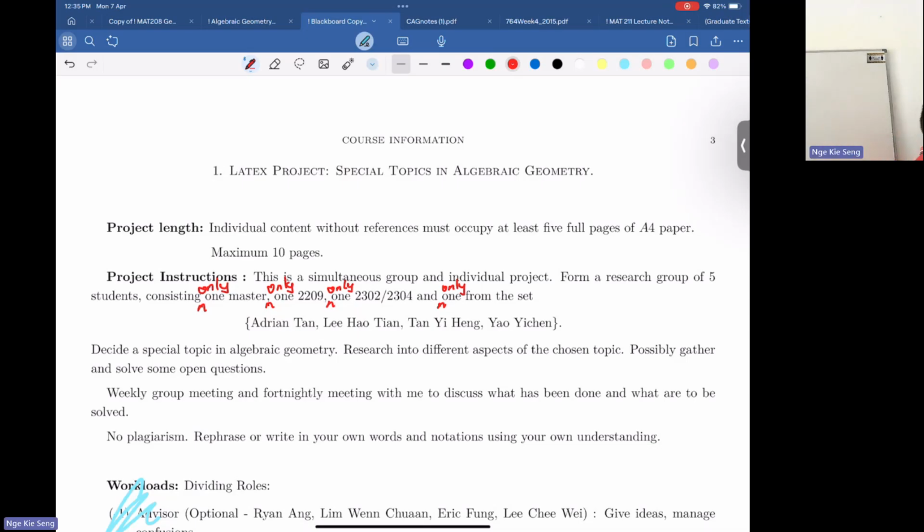Good afternoon, everyone. My name is Gong Shi and I'm from 2209. I like to eat Japanese food, and I would also like to play badminton if I'm free. I'm from Sarawak, Malaysia, same as Kishan.